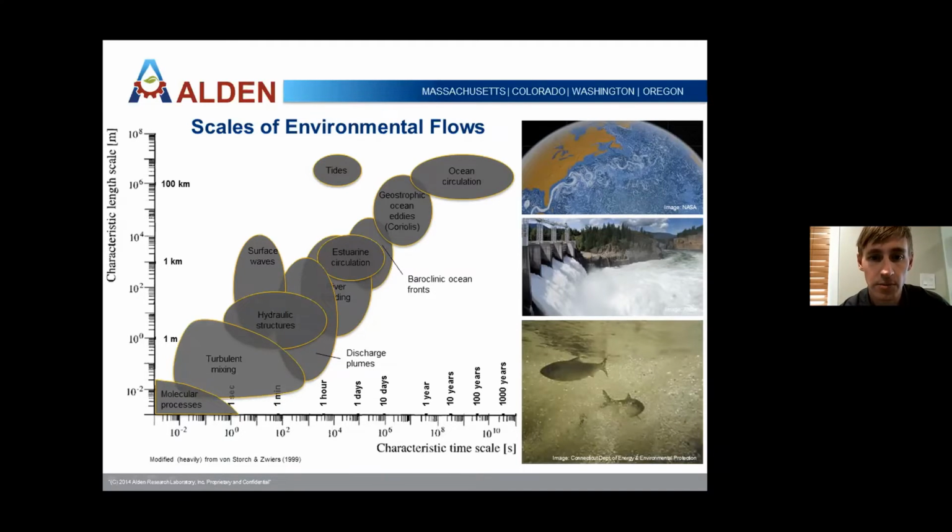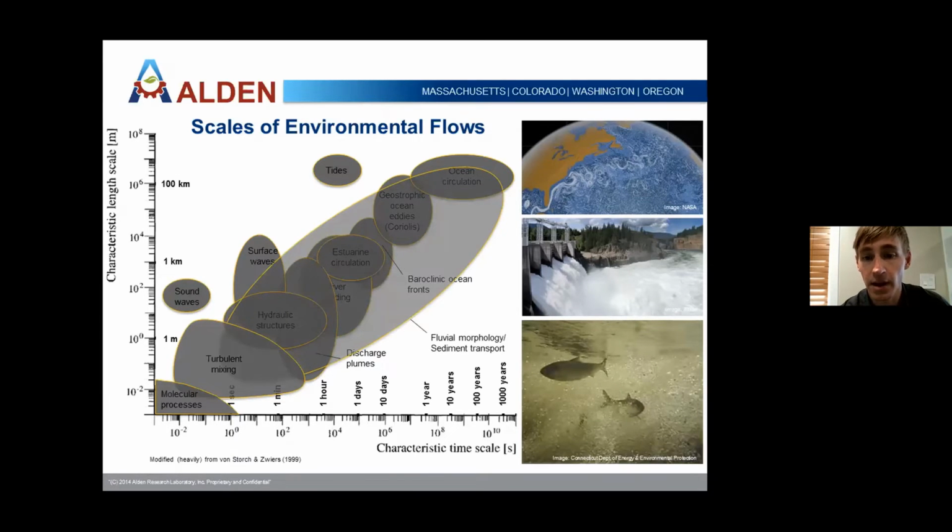So this spectrum of scales presents, there's sound waves in there for reference, and then for folks interested in sediment transport, that's a particularly challenging problem, right? Because you've got stuff that happens down at the grain scales, the scale of individual sand grains, all the way up to very long time scales and spatial scales of fluvial geomorphology and landscape evolution and channel migration.